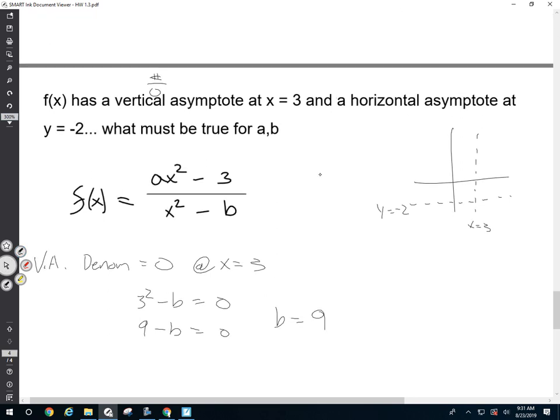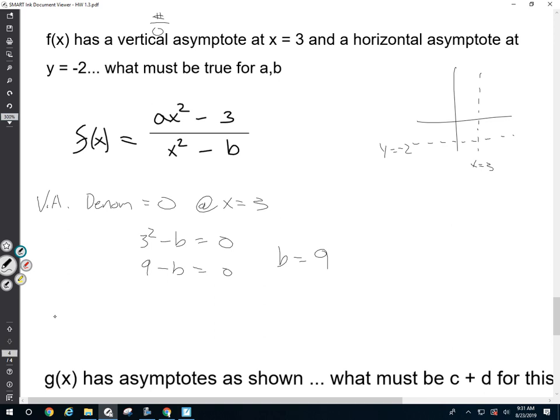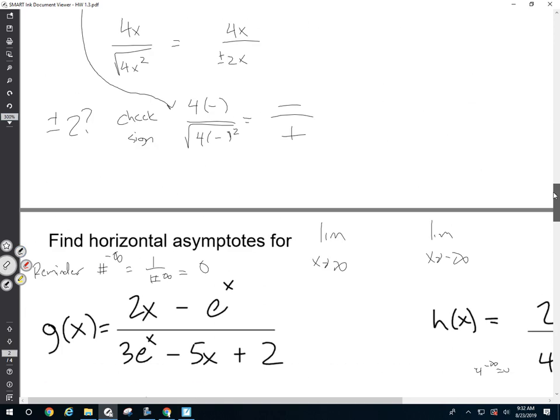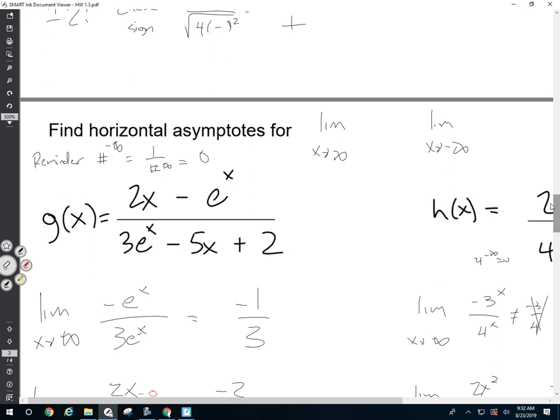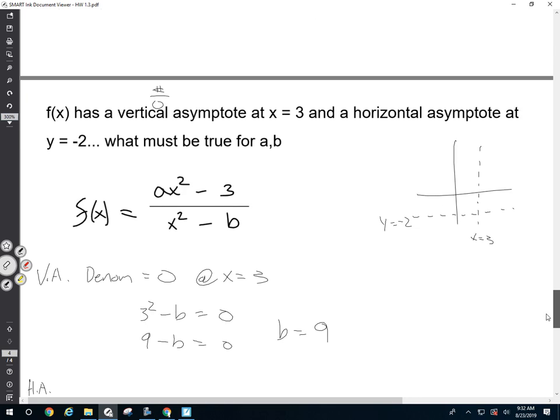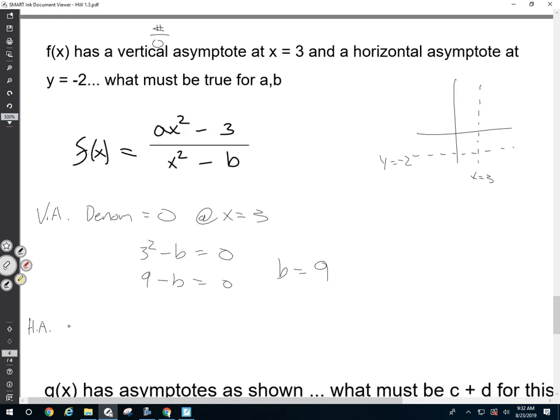Great. Now, horizontal asymptote. What do we do for horizontal asymptotes? We look at the limits as x approaches infinity. Now, we're told that we just have one horizontal asymptote. So that means no matter what direction I look in, positive or negative, I better get -2.